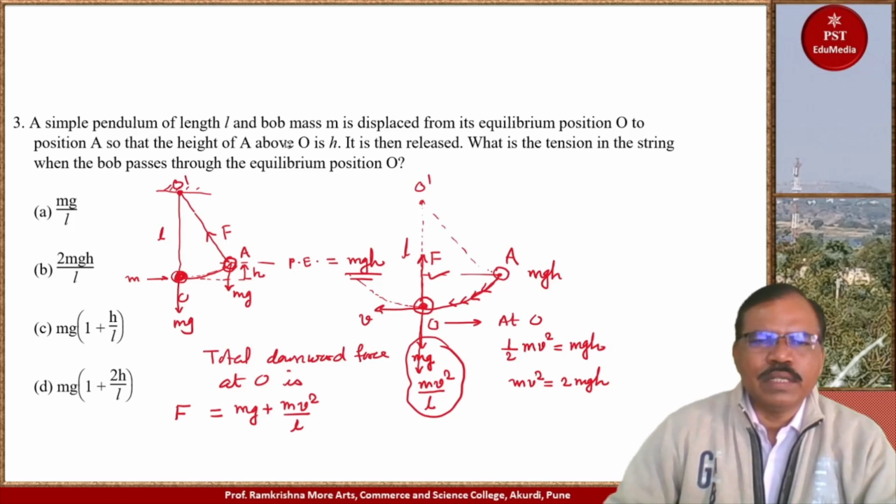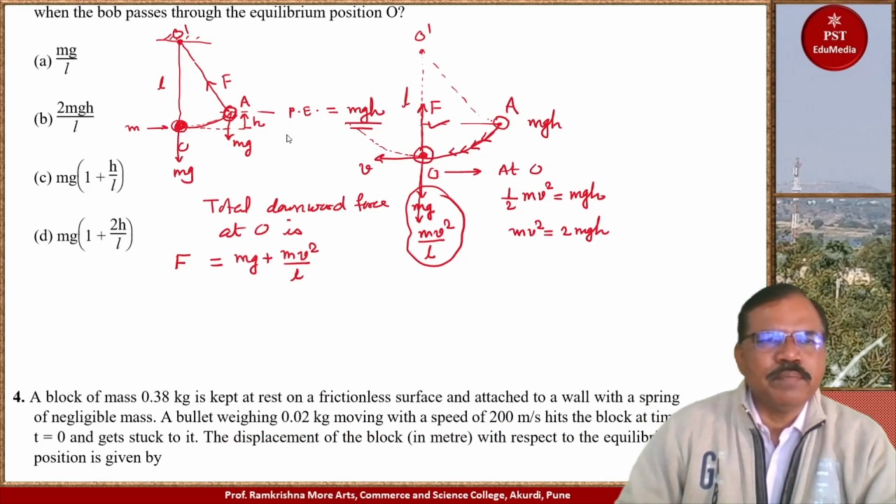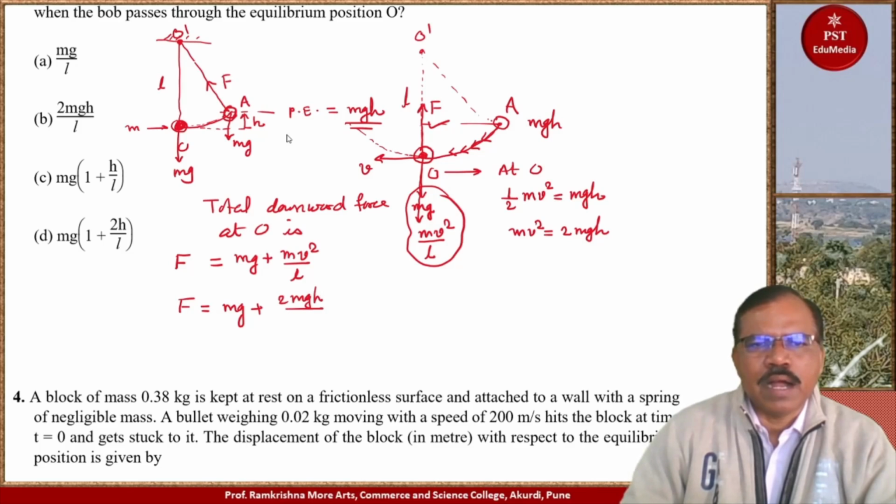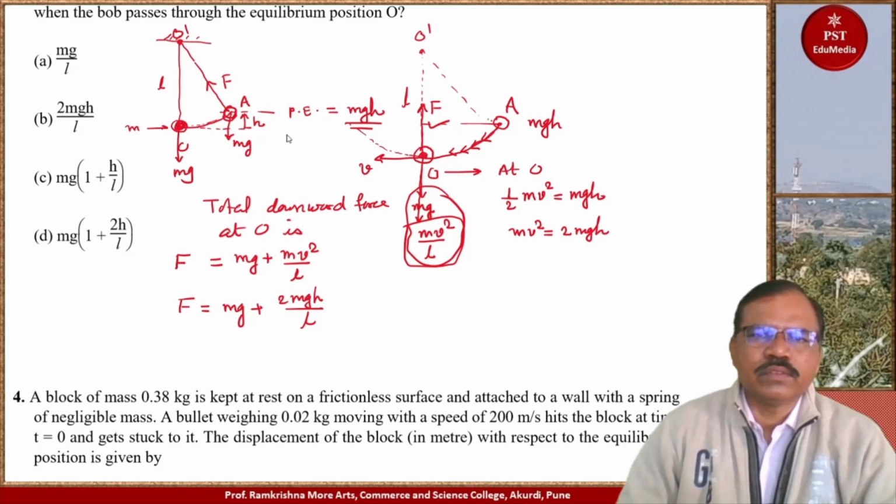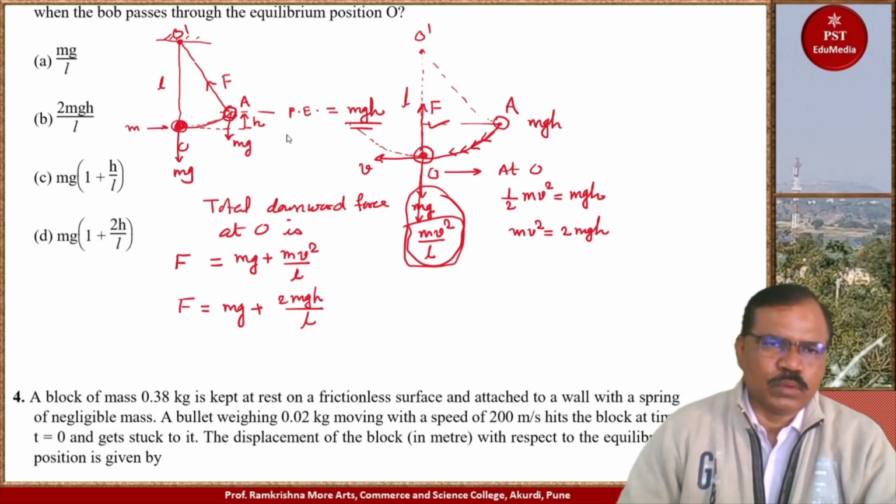So here now, what is tension? F is equal to mg plus mv square upon L, that is 2 mgh by L. This is the centripetal force.